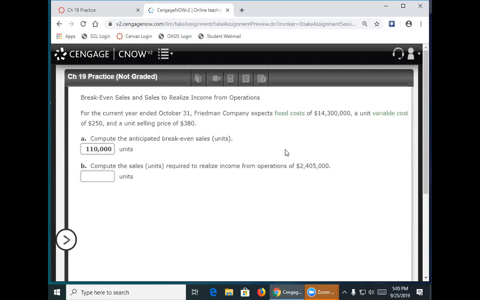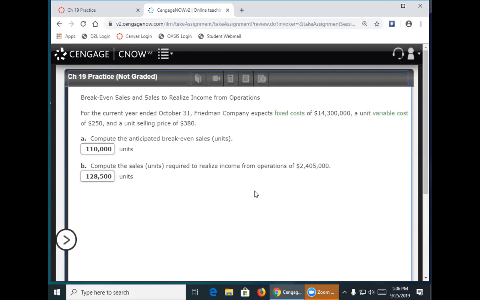This $1 million number. It is frustrating. Yeah, so it should be the 14,300,000 plus 2,405,000, and then divide by 130. Yeah, I added a zero. Okay, yeah, that'll do it. I've done it too, and I'm like, wait. But yeah, it should be, what, the 128,500? Should take 128,500 units to make an income of 2,405,000.